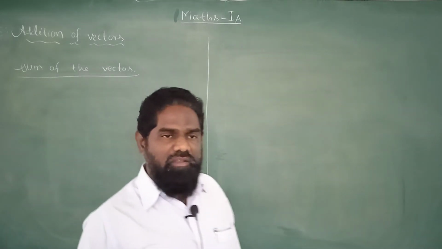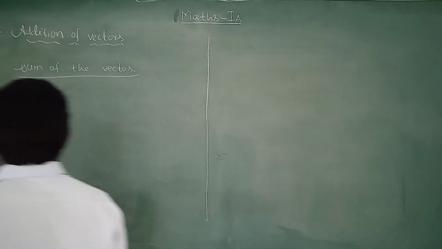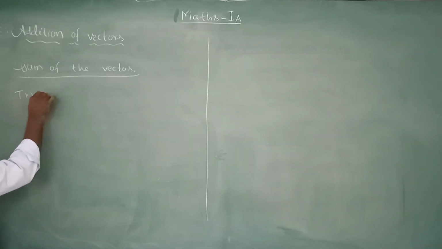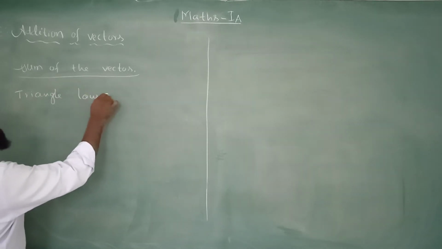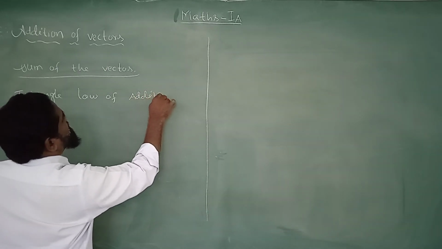To add vectors, we use the triangle law of addition. Understand?